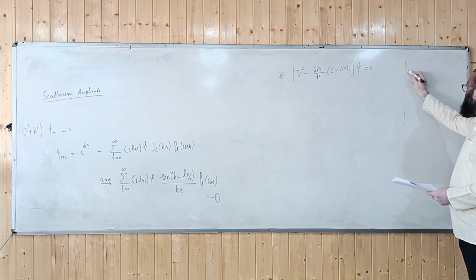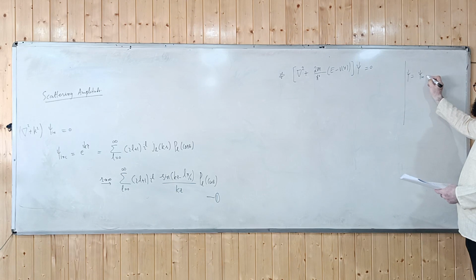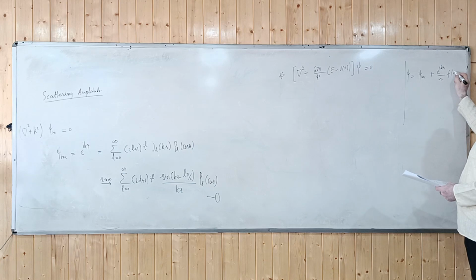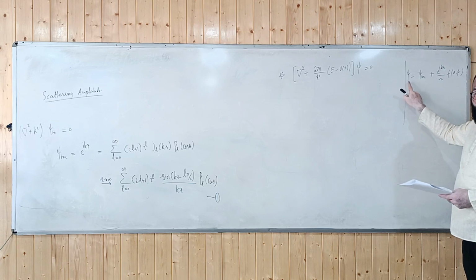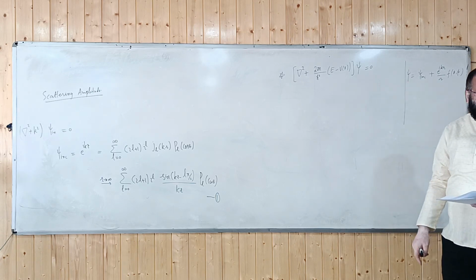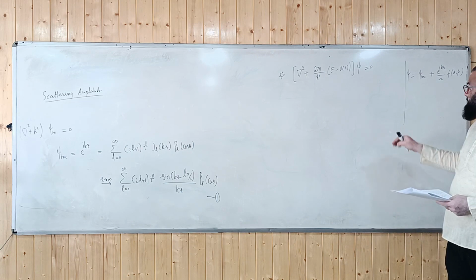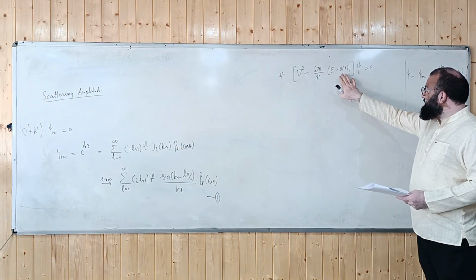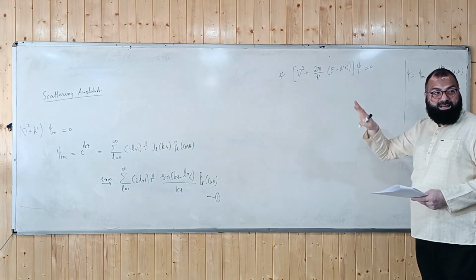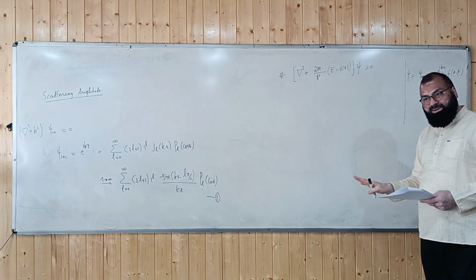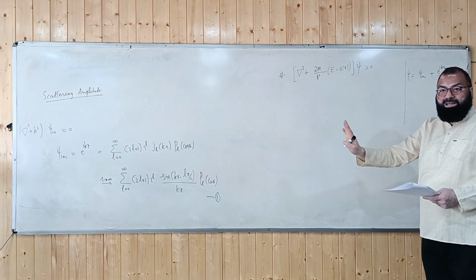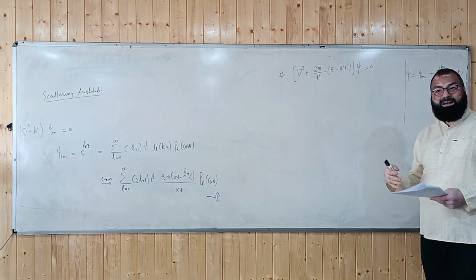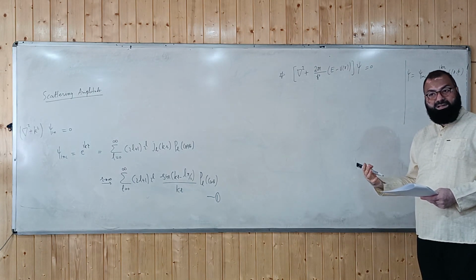This ψ is actually ψ incident plus e^(ikr)/r f(θ, φ). So we are figuring out the asymptotic form of this ψ by solving the Schrodinger equation. Since I told you in the last lecture that we are assuming V(r) goes to 0 as r tends to infinity, it is essentially the same equation, but it will have a phase shift, a phase change on the waves.